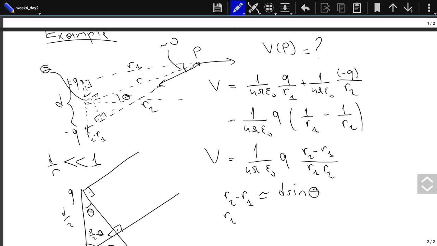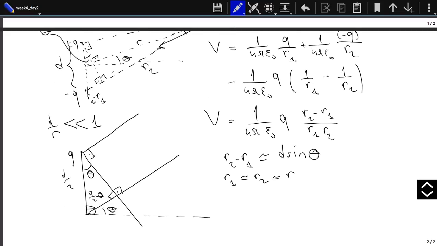Now R1 itself is almost R2, which is almost R. Why? Basically R1 will be something like R minus d over 2 sine theta.